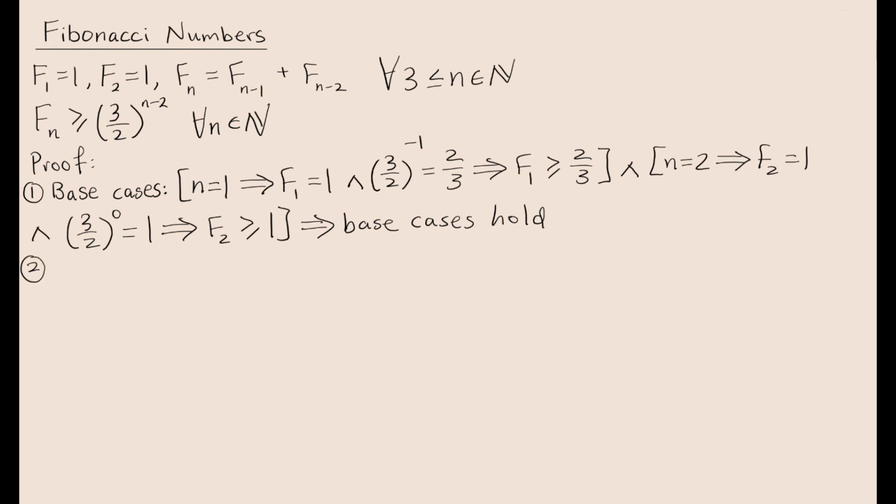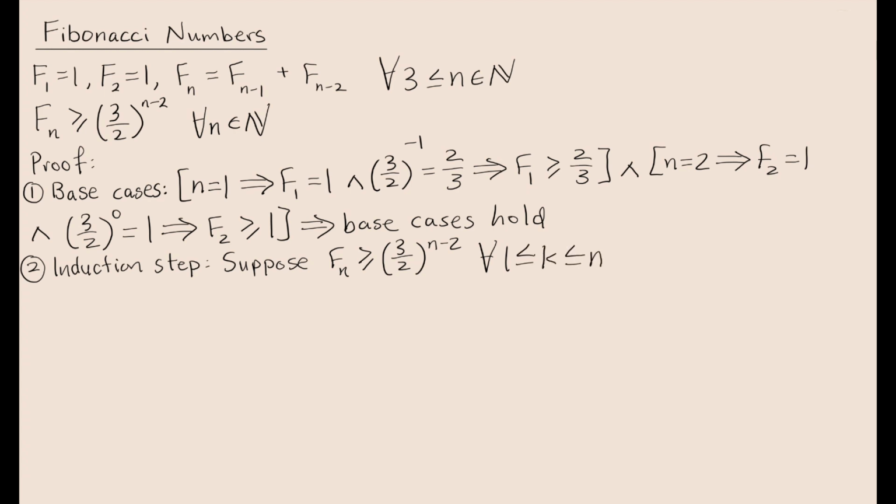So now comes the induction step. Suppose that Fk is greater than or equal to 3 over 2 to the k minus 2 for all 1 less than or equal to k less than or equal to n for some arbitrary natural number n that is at least 2.